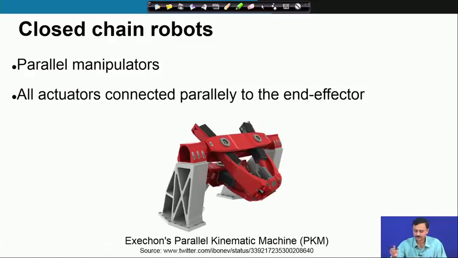Here I have this example of Hexagon's parallel kinematic machine, which is actually used for machining operations. Let us understand why this is a parallel manipulator.